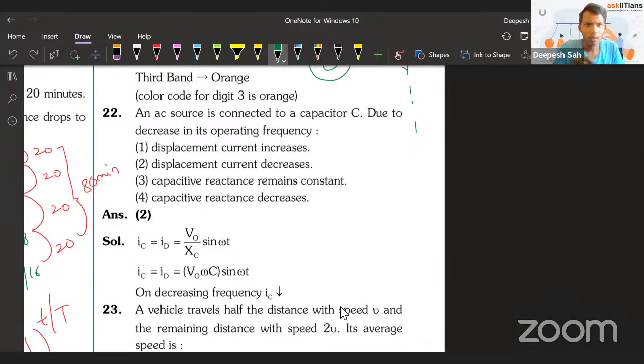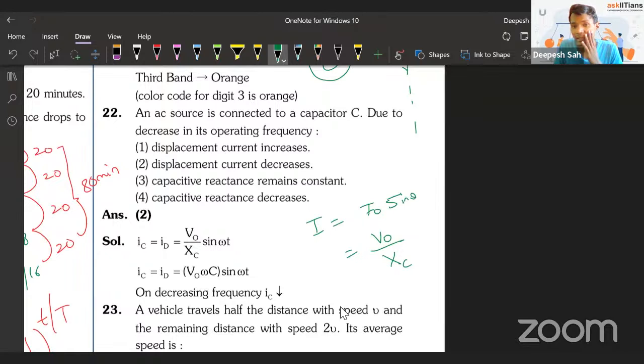Fine. An AC source is connected to a capacitor C, due to decrease in its operating frequency. So due to the change in frequency, what will actually change? We all know the formula for the current or displacement current: I equals I naught sine omega t, where I naught is voltage divided by resistance.